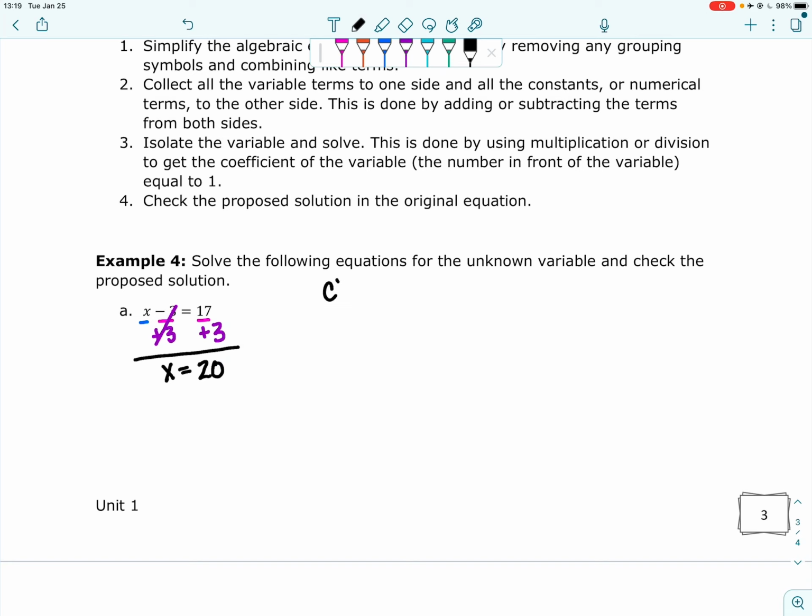And then I can check this. Is 20 minus 3 17? 20 minus 3 is 17. Is 17 equal to 17? Yes, it is. So x does in fact equal 20.